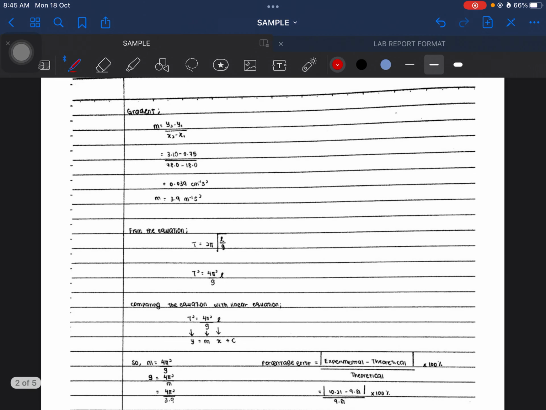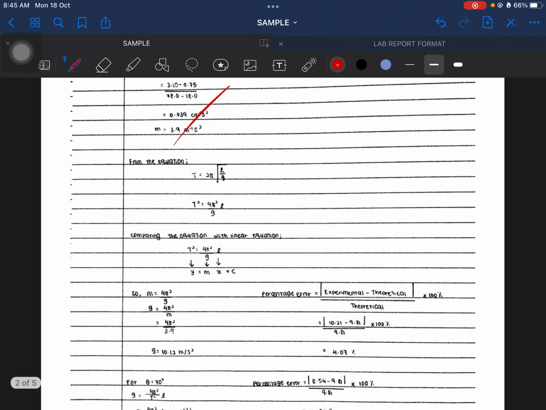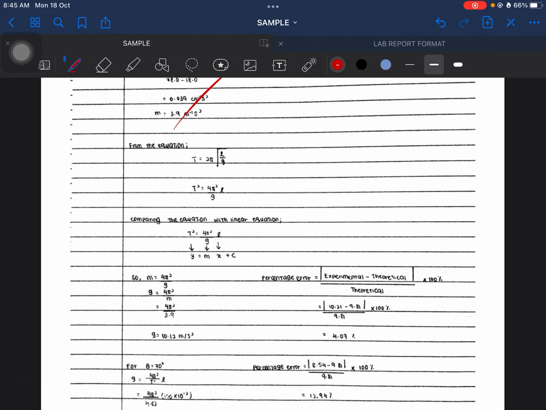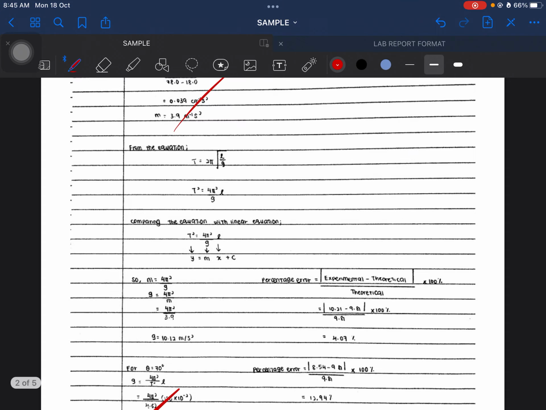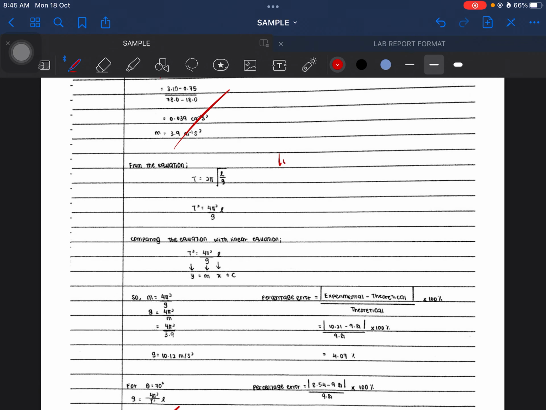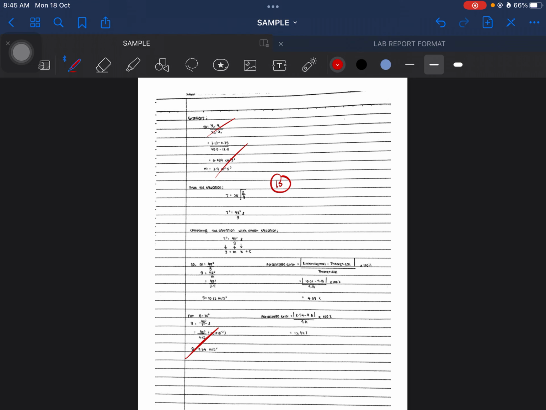You should also correctly calculate the gradient. This is the gradient part. Again, I'll check this myself using a calculator. Okay, the unit is also correct. And then the required value, which is the gravitational acceleration, is correctly calculated, with the correct unit too. So she will get 10 marks, because everything is correctly calculated.